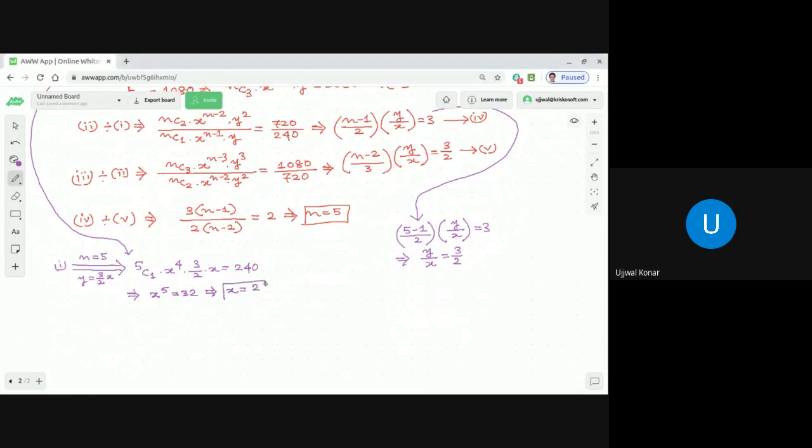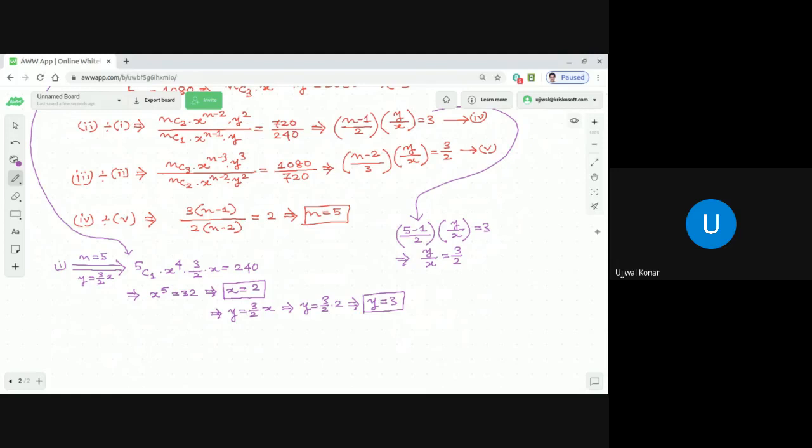And we know y is equal to 3 by 2 into x. So y is equal to 3 by 2 into 2, which implies y is equal to 3. So the values of x, y, and n we get are 2, 3, and 5 respectively.